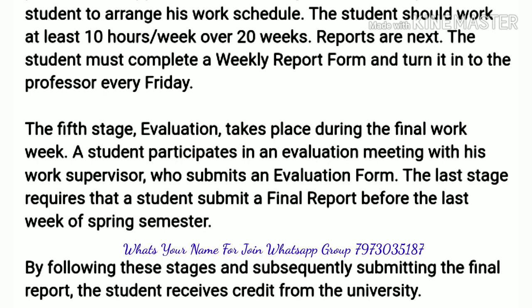For using "once", you are supposed to mention the previous stage. When we use "once", first we mention the previous stage, and after that we insert a comma and talk about our next stage. Like: once a potential workplace has been chosen by the student, comma, then the interview can be arranged. Correct.